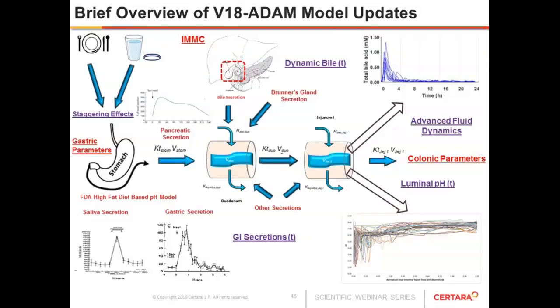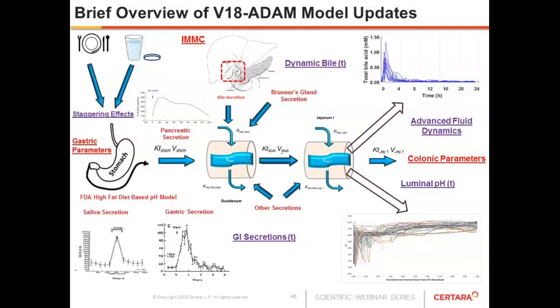Most of the gastric parameters have been reviewed using the new analytical techniques available in recent times. So we reviewed the pH and bile salt concentration data sets within the stomach, as well as the colonic parameters for these physiological parameters. Then, as I said, the secretions within the GI tract, saliva, gastric, and pancreatic secretions, now depend upon the fasted and fed conditions.